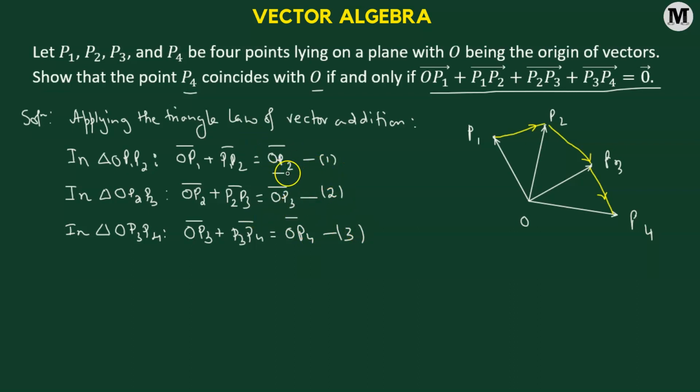So here we have OP2. We will be substituting this value into the first term, the first vector OP2, in equation number 2. So equation number 2 transforms into: in place of OP2, we'll place the OP1 vector added to the P1P2 vector, plus the P2P3 vector, and this will be equal to OP3.